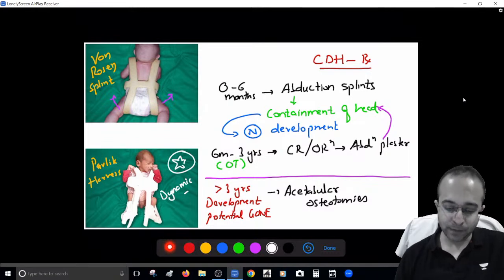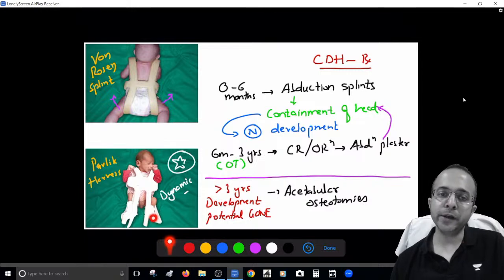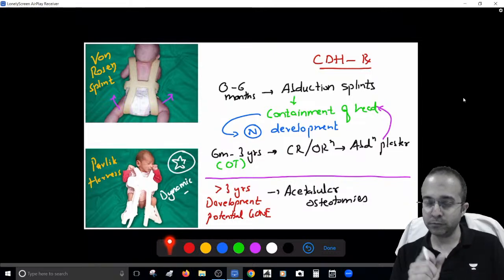Now if you see the Pavlik harness, you can see the straps going till the foot. The theory here is, as this child kicks, the feet are so connected to the hips that every kick generates more abduction, because it's a dynamic splint. And that's why the Pavlik harness is more preferred out of the two.